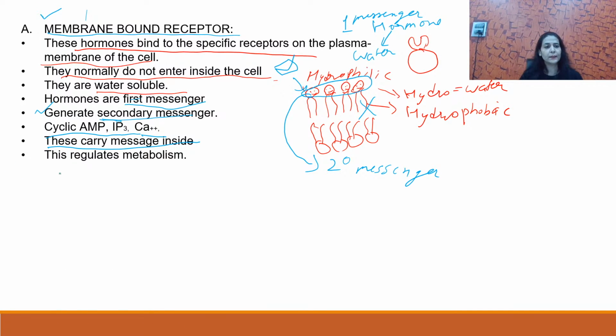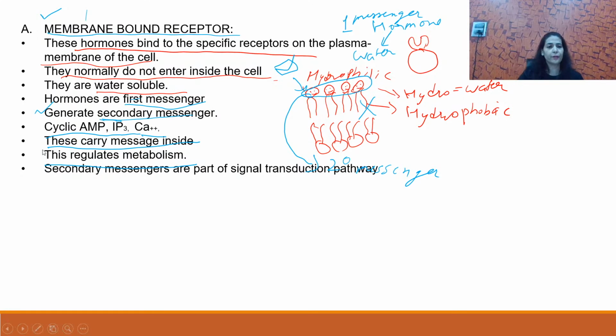And once the cell receives the message, then the metabolism changes. There could be a catabolism, there could be an anabolism, depending upon what type of action that hormone will produce.